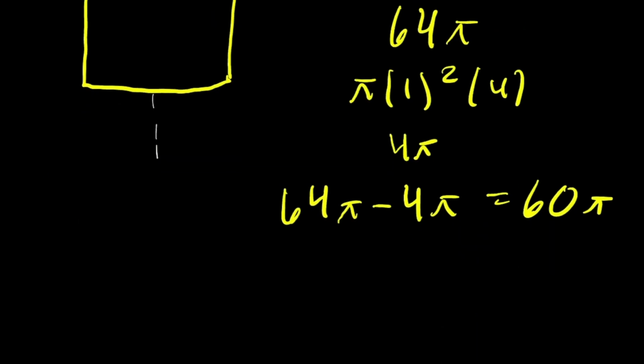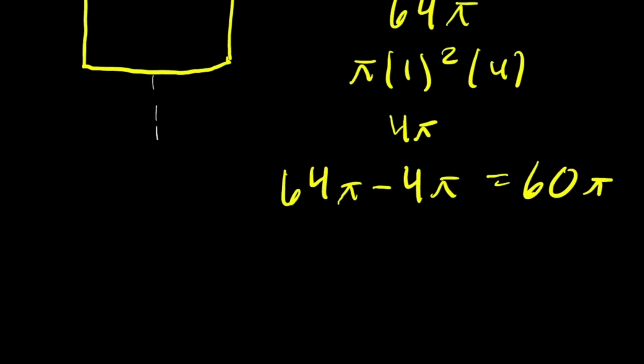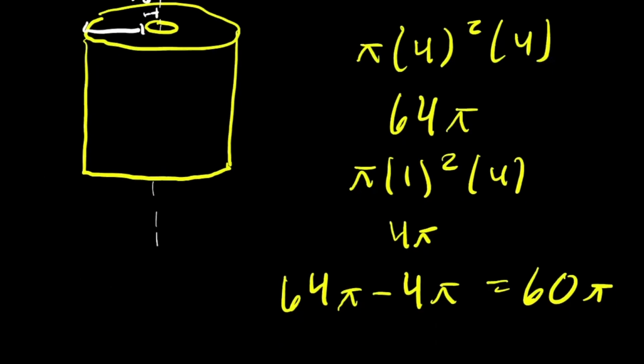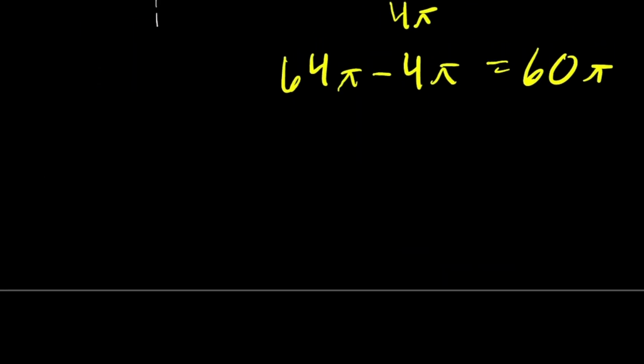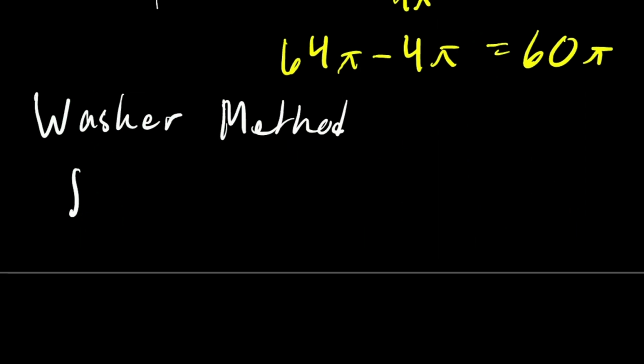But, of course, it's going to get more complicated, and you're going to have to use calculus. So here we have to take into account the hole that is generated, and we have to use a new formula called the washer method. And you should write this down. Integral from a to b.